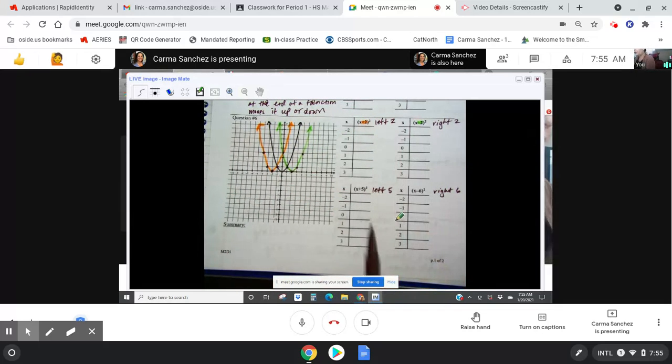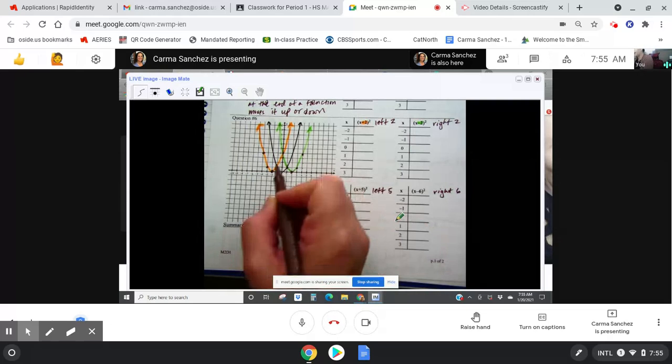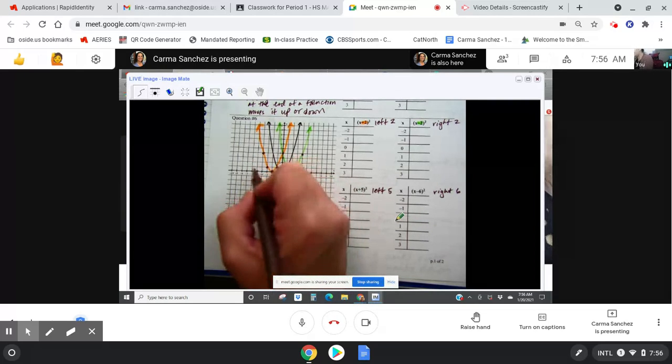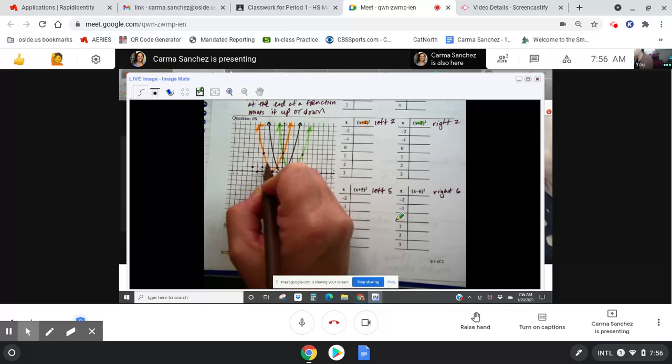Okay, how about left 5, starting at the origin? A left 5 shift, an x plus 5, goes out here to this new vertex, and it grows at the same speed. Out 1 up 1, out 2, up 4.